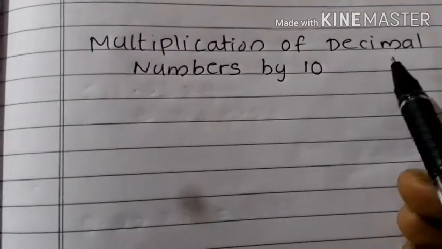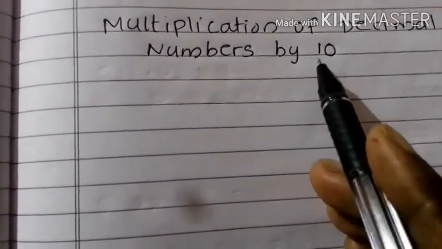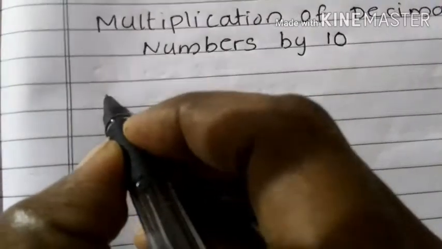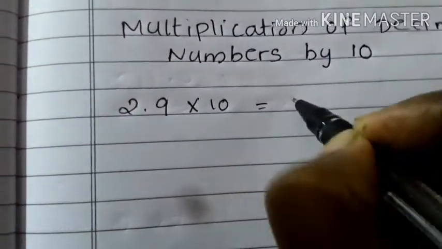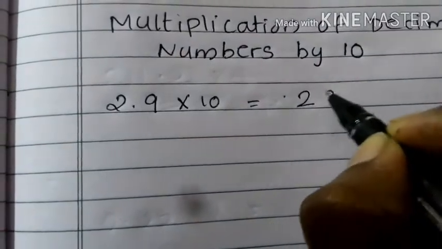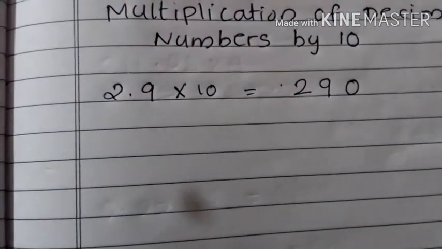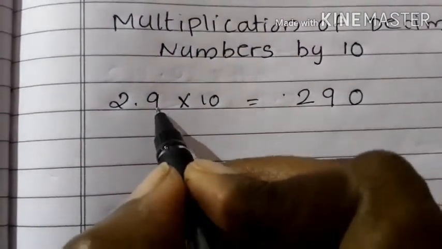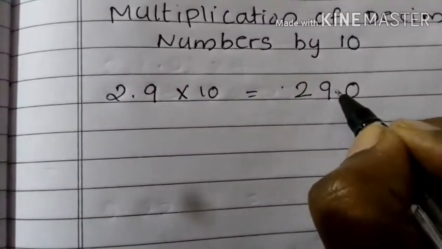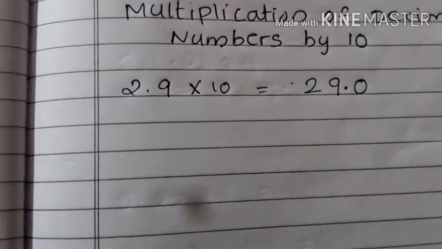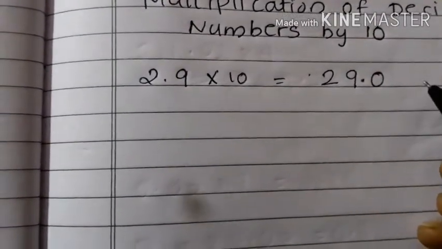Next one is multiplication of decimal numbers by 10. For example, 2.9 multiplied by 10, the product is 290. Then put the decimal point 1 digit here. So we put the decimal point here, 29.0.